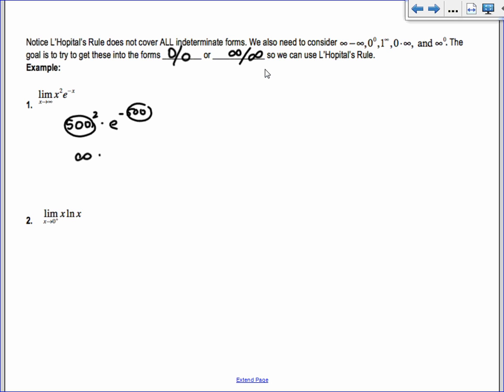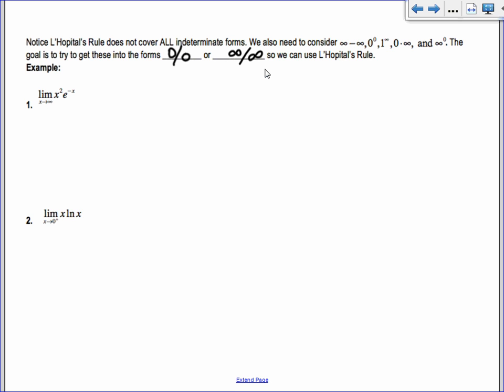Not negative infinity. 1 over infinity, which would be 0. So that's in the form infinity times 0. Okay, so this is an indeterminate form. We don't know what infinity times 0 is. One of them could be going much faster than the other one. So the one going to infinity could be going really fast. The one going to 0 could be going really slow.